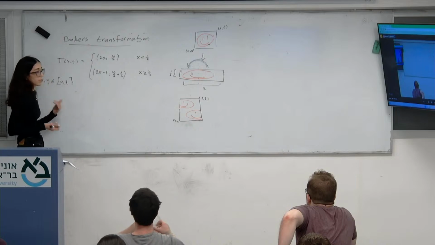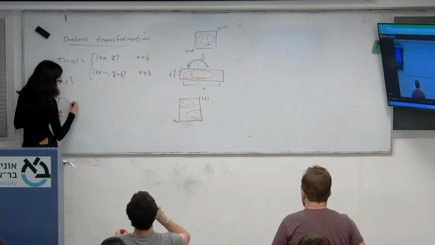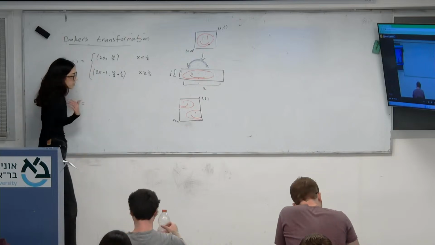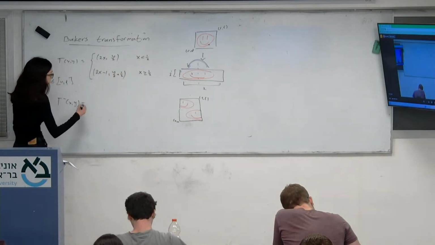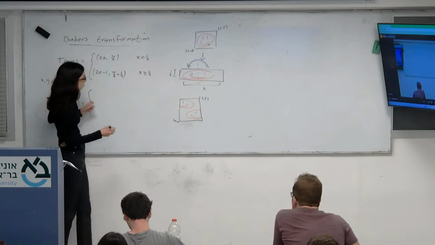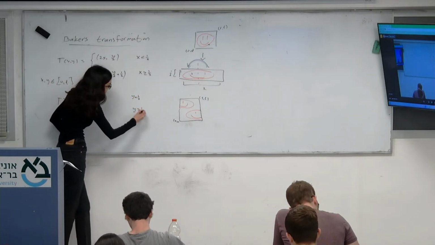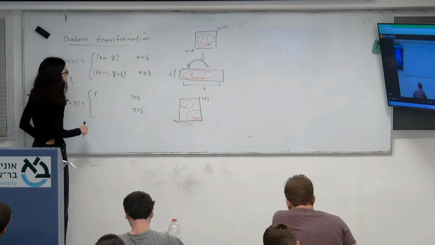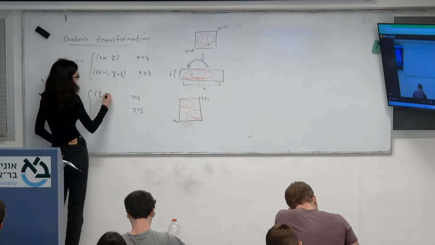You can also define an inverse transformation, which is T minus 1 of x and y. That basically goes from that step back to the original step. So here we're going to look at y smaller than half and y bigger than half. For y smaller than half, x goes to x over 2 and y goes to 2y.